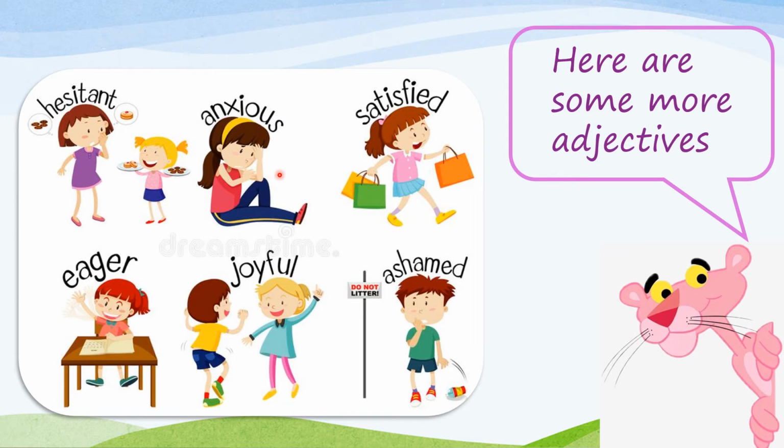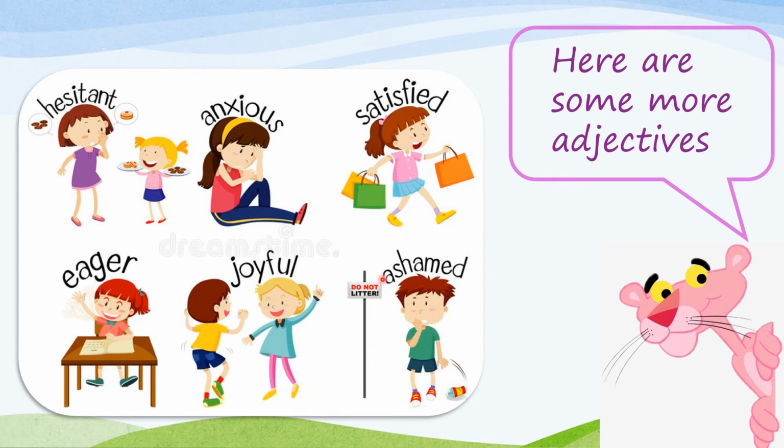This girl is an anxious girl. She is worried. The third girl is satisfied. It seems that she is happy and satisfied. The words eager, joyful, and here the last one is ashamed.